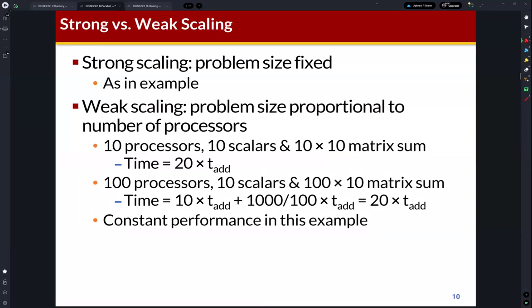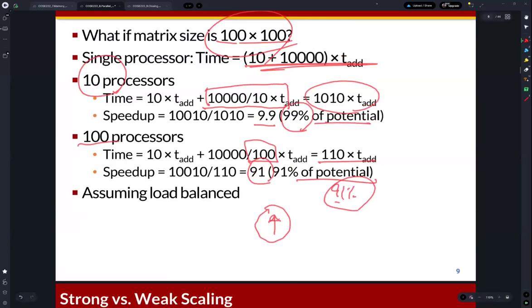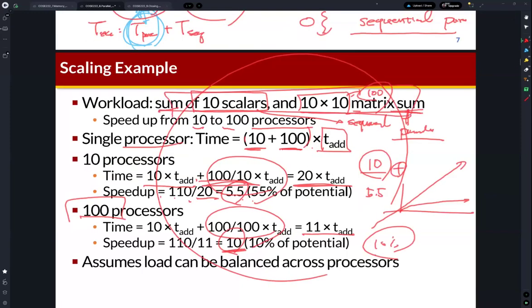So strong scaling means that we assume that the problem size is fixed, right? Like this Amdahl's law, we just fix the problem size. So it means a sum of 100 scalars and then a 10 by 10 matrix sum. And then this is fixed, and we will run this fixed workload on the multi-core architecture.